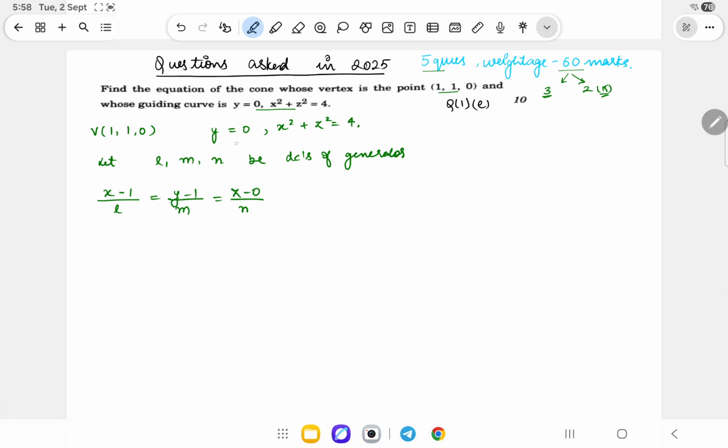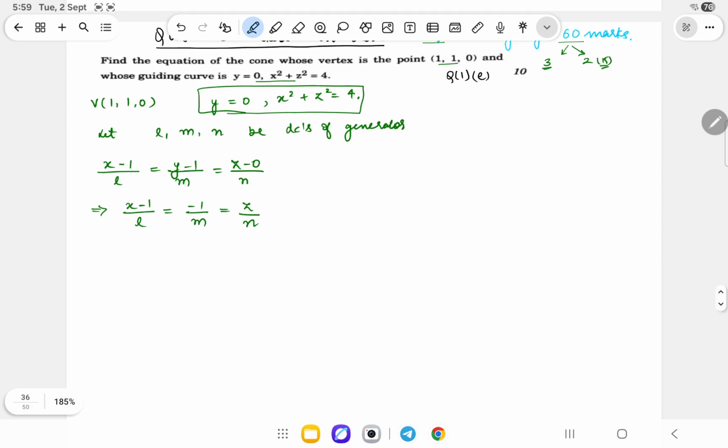The generator must be intersecting the guiding curve, so in the generator line we can substitute y equals 0. We get (x minus 1)/L equals minus 1/M equals z/N. From here I can find the values of x and z: x equals 1 minus L/M and z equals minus N/M.